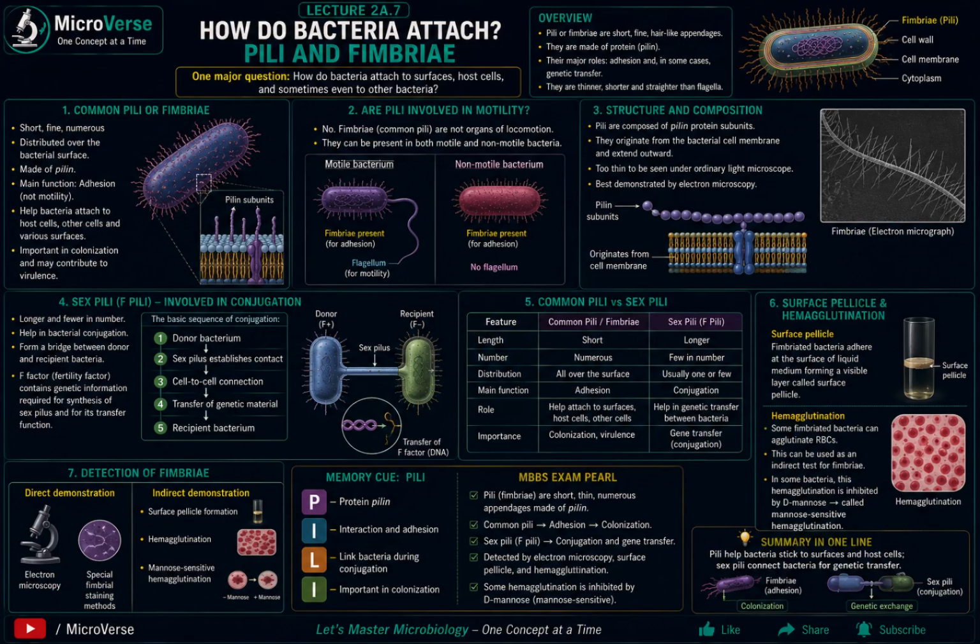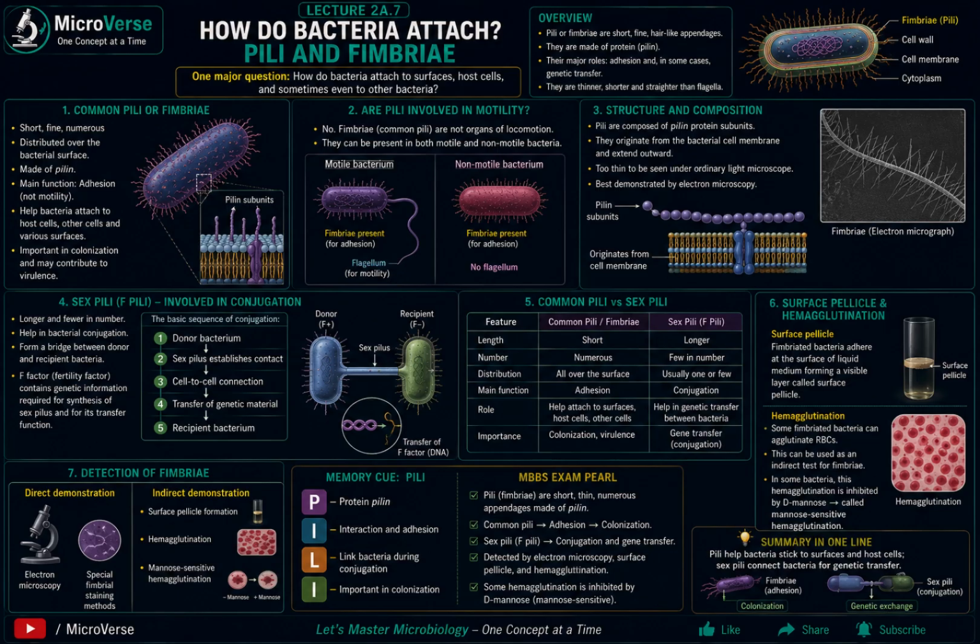So, pili and fimbriae are not simply tiny hairs on the bacterial surface. They can play important roles in adhesion, colonization, virulence, surface pellicle formation, hemagglutination, and genetic transfer through conjugation. The key idea is a bacterium may use flagella for locomotion, but fimbriae help it stay there.